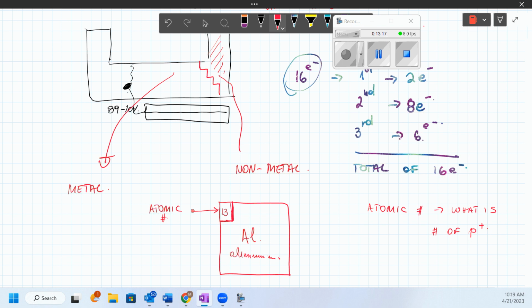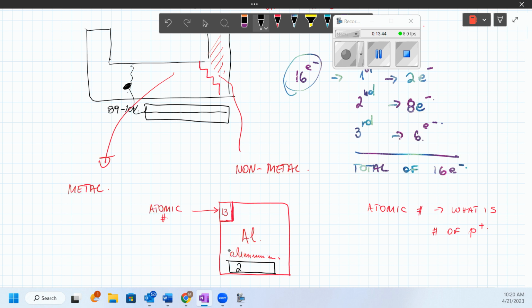Then there is another number that we will use a lot. It is usually below the name, or below the symbol if the name is not shown, and that number has decimals.